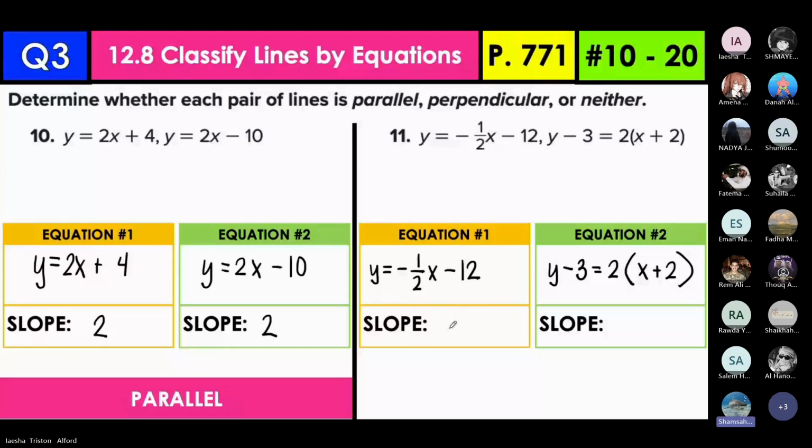Negative 1 over 2. The slope for the second equation? Positive 2. Same sign or opposite sign? Opposite. Do you have a flipped fraction? Yes.